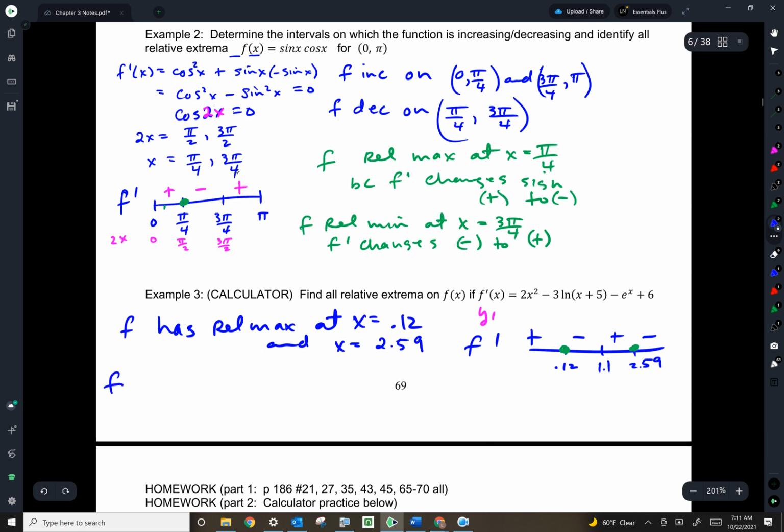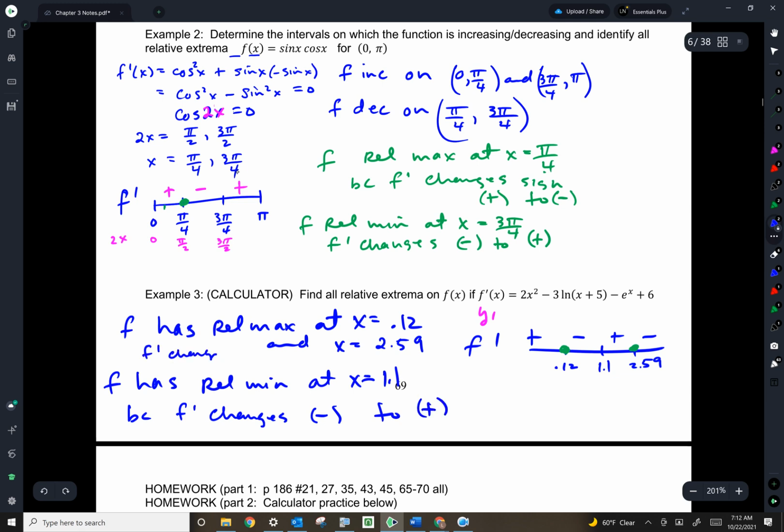And I can say f has relative min at x equals 1.1, notice the derivative changes from negative to positive. And remember, we really should go on to say because the derivative changes negative to positive. I guess up here I should have said the derivative changes positive to negative. Okay, so that's how you find relative max and min and how you determine if a derivative is increasing or decreasing.